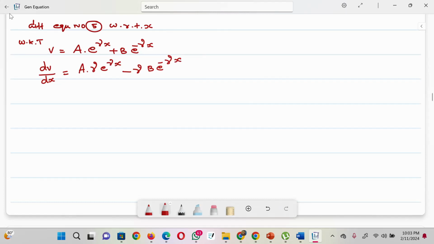This is another step. Already we know what the value of dV by dx is, and that value we are going to substitute here. dV by dx equal to IZ.